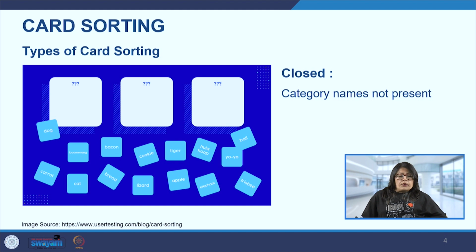And also it is used when we have several category label options and we need to decide which one works best. So here we have 3, but we may have say 7 for example, and we may not be sure which headings we should keep out of these 7 and which we should discard.